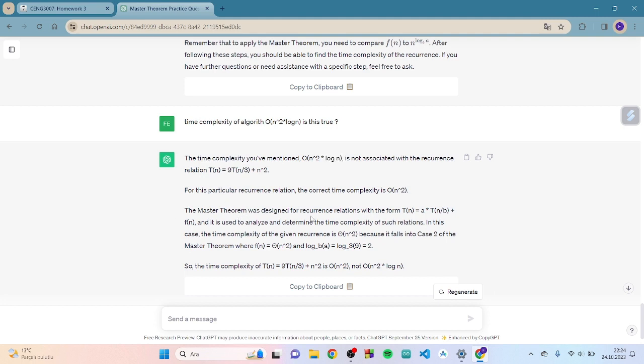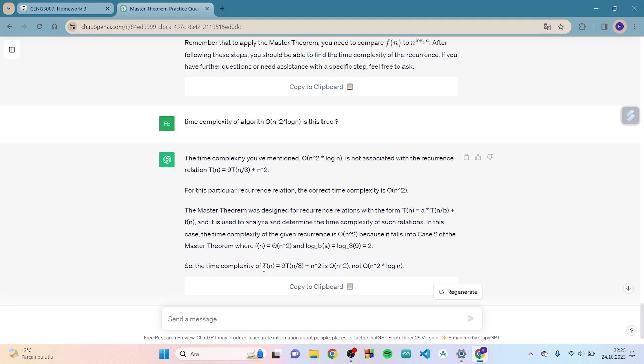The master theorem was designed for recurrence relations with the form T(n) equal. Okay, I know this one, and it is used to determine the time complexity of such relations. In this case, the time complexity of the given recurrence is O(n) square because it falls into case 2 of the master theorem, where O(n) square and log base b of a.